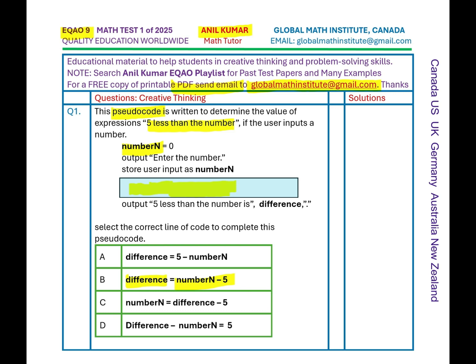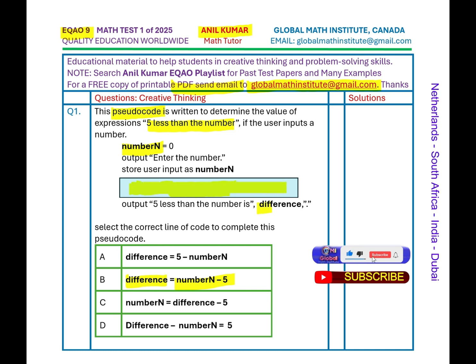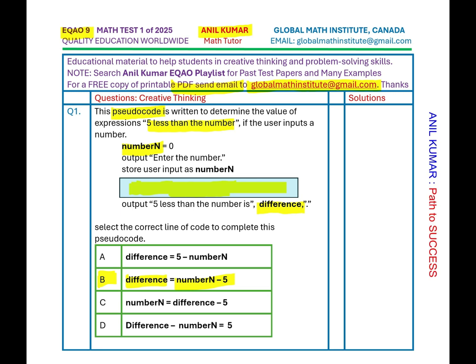So this means 5 less than the number is the difference. And that value gets into our variable difference, which is displayed as the answer. 5 less than the number is difference. So I hope you have clearly understood option B is the right option and why it is so. And you have also understood how to write a pseudocode for such a problem.